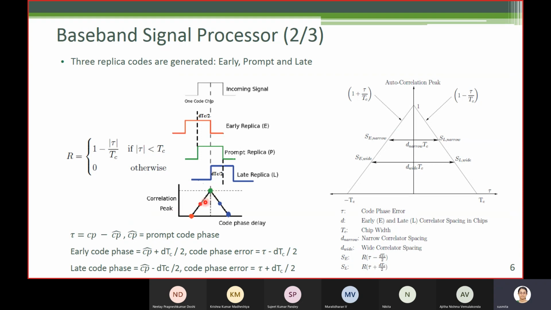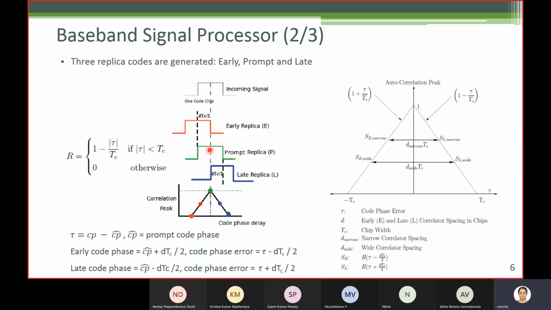What will happen to red and blue? They will also be shifted. Red will be shifted up, blue will be shifted down. So when the prompt is not aligned with the incoming, early and late correlation values are not the same. By comparing early and late correlation values, we can align the prompt with the incoming.